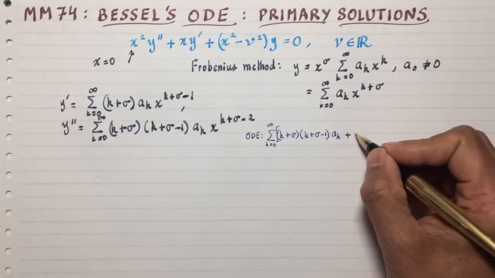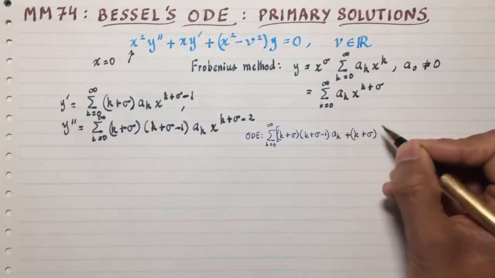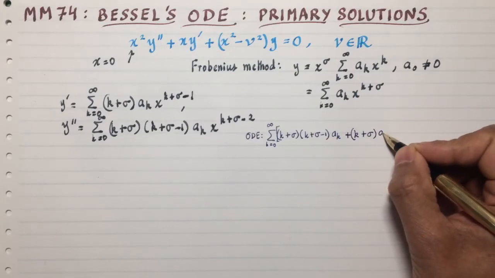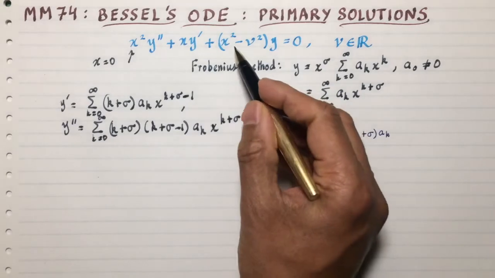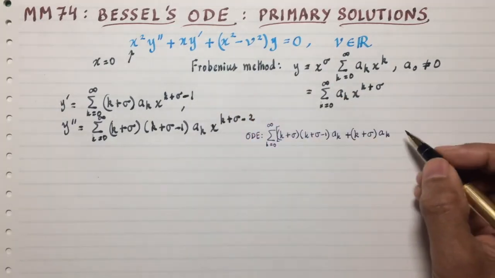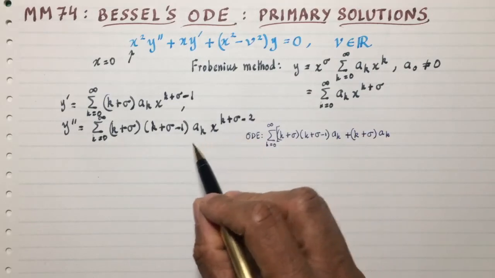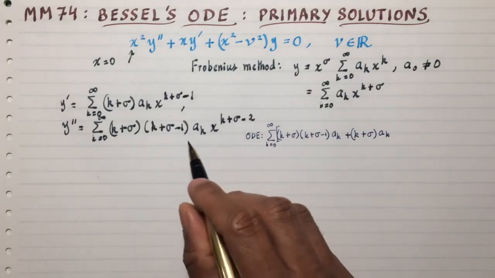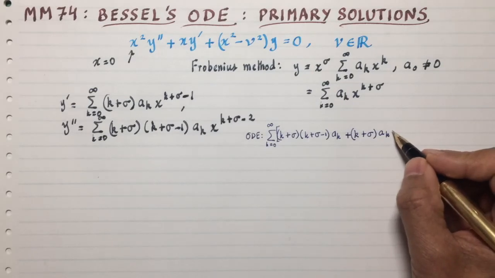plus k plus sigma times a_k, and then lastly I have these two terms. Now x squared advances the degree by 2, so I'm going to write the next two terms separately.